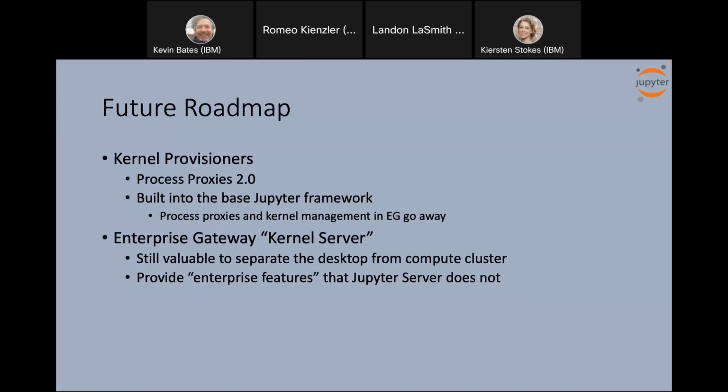And so there will still always be a need for a gateway server, which separates the kernel server from the user's desktop. So we still have a need for a gateway. There will still be some enterprise features that are in a gateway that aren't in the server. But the heart of Enterprise Gateway today is this process proxy architecture, which is now available in the form of kernel provisioners.